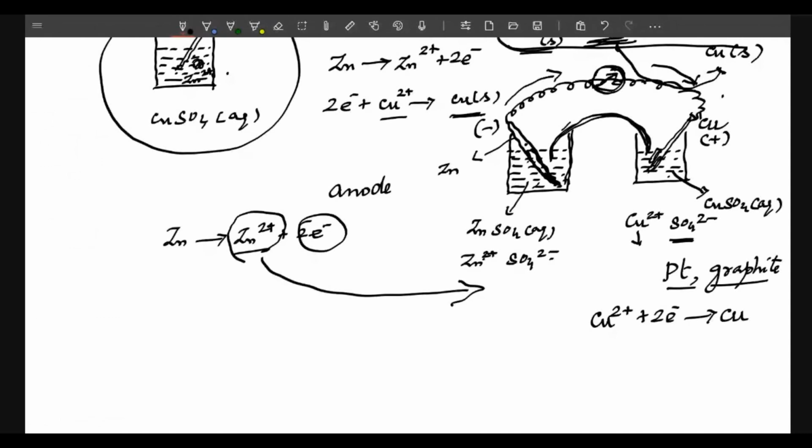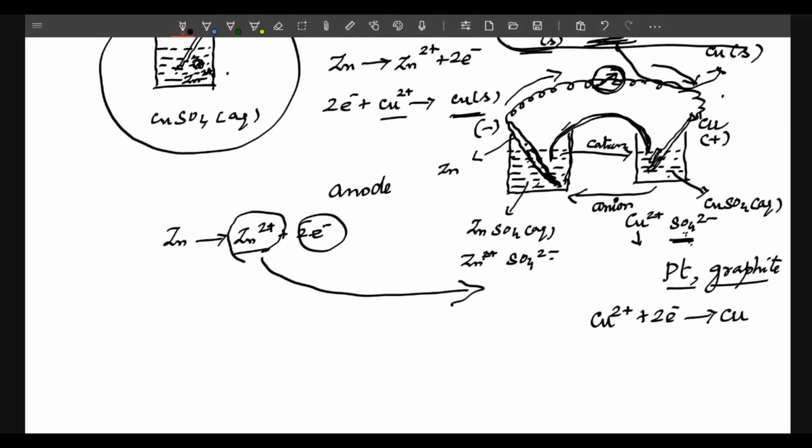Due to this imbalance in the two compartments, the passage of electricity is prevented. Therefore, the negative charge, the sulfate ion which is in excess in the cathodic compartment, should be allowed to move to the positive charge present in the anodic compartment. The anion should be allowed to move in this direction, and the cation should be allowed to move from anode to cathode.